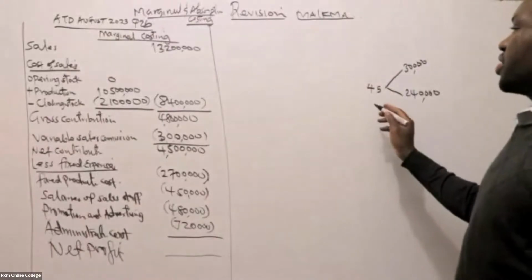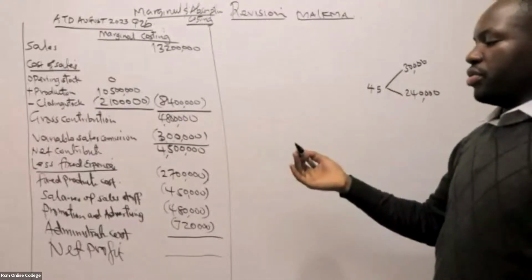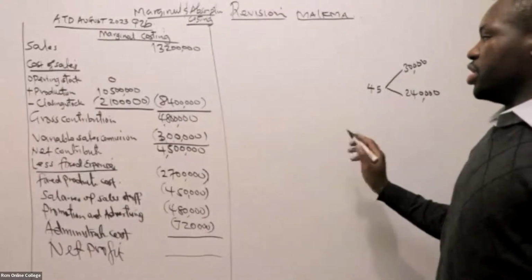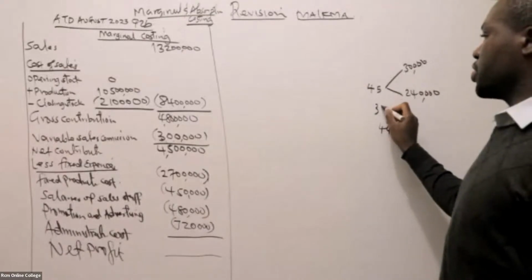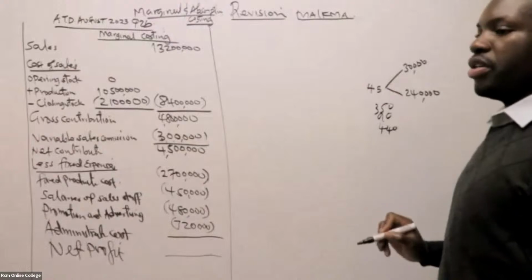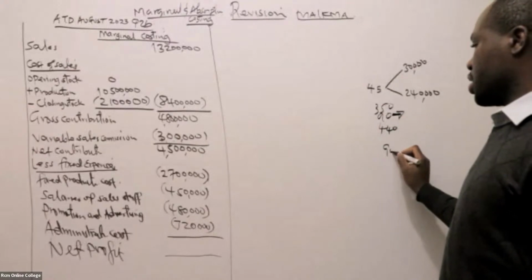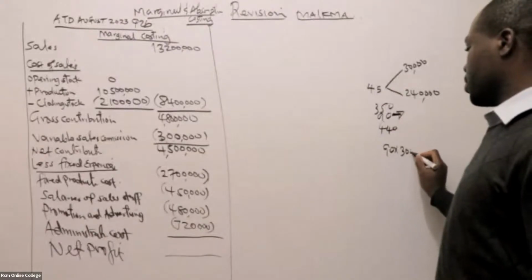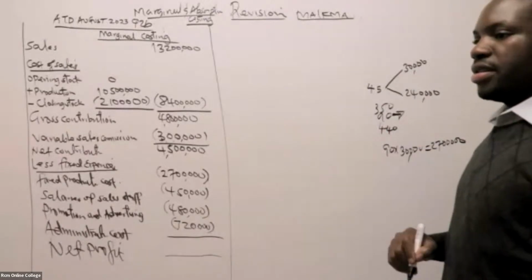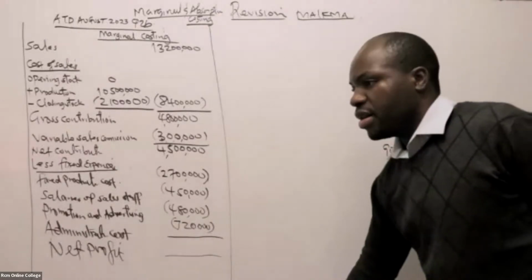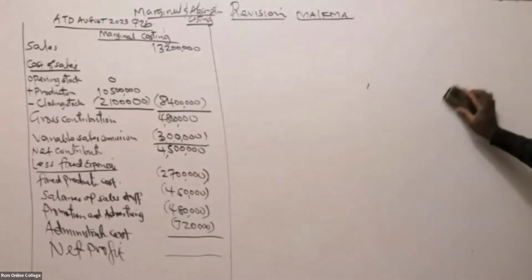Alternatively, look at the absorption cost per unit. We are having 440. How did you get the 440? It was the marginal cost plus fixed production overhead per unit. So 90 times the units that were produced is also taking me back to 2,700,000. So I hope I've answered your question.